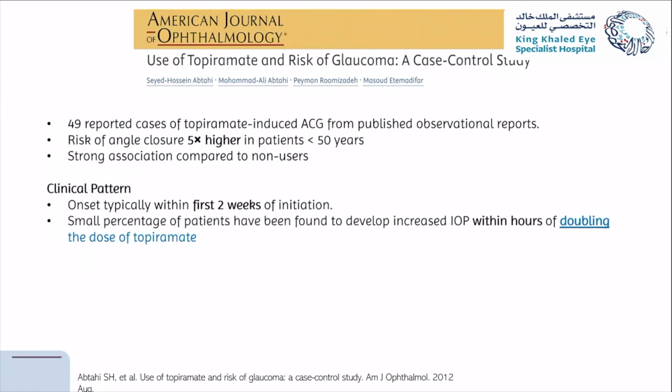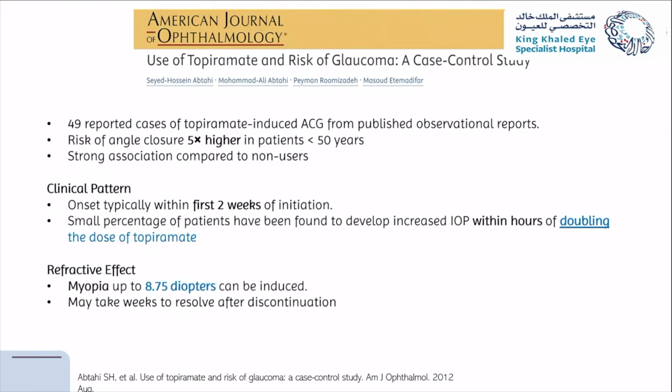A small percentage of patients had an acute increase in the IOP after doubling the dose of topiramate. Also, there is a refractive effect. It causes myopia, with up to 8.7 diopters being induced, and it may take weeks to resolve after drug discontinuation.